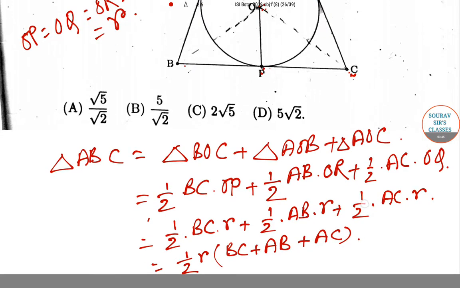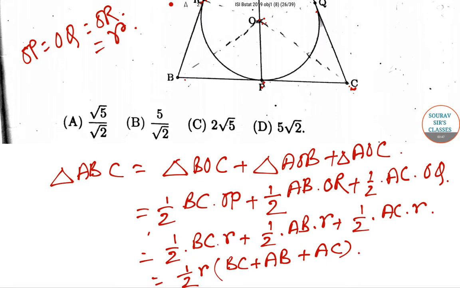Now we have the value of BC, that is 10, value of AB, that is 15, and value of AC, that is also 15.